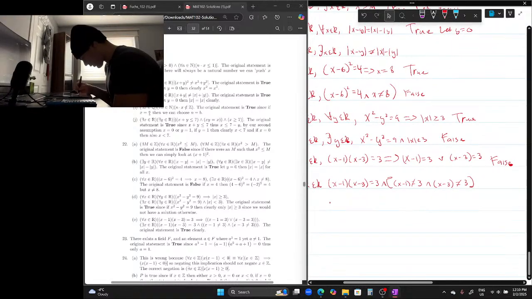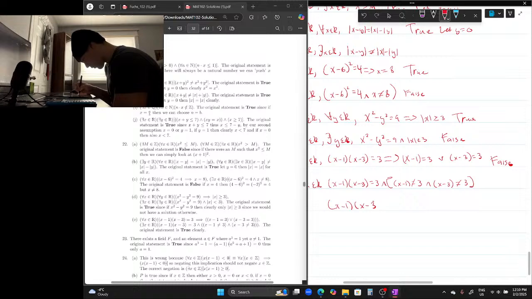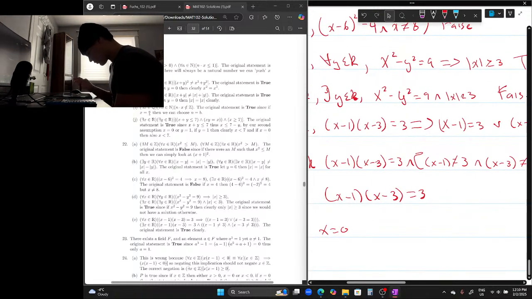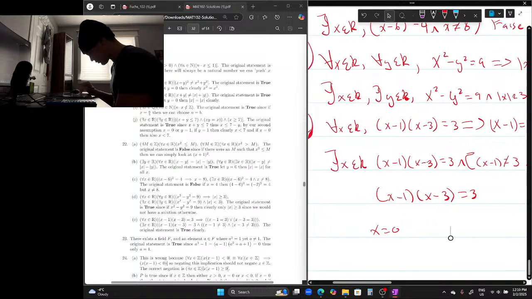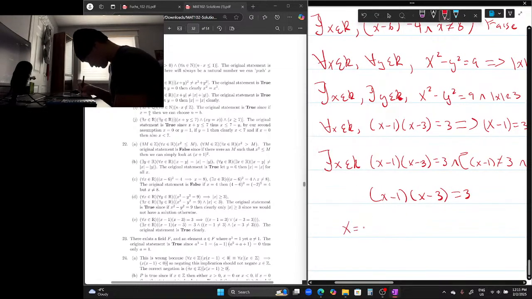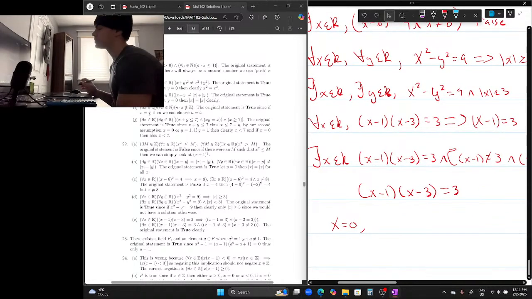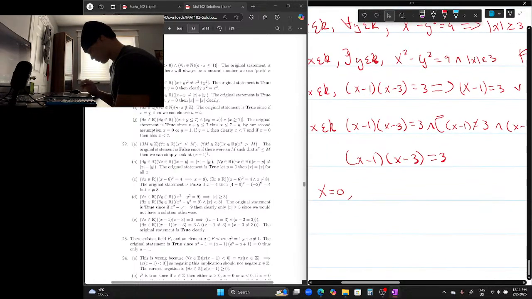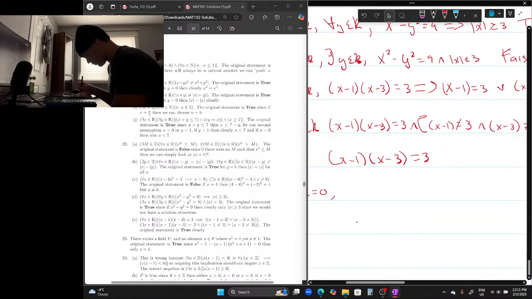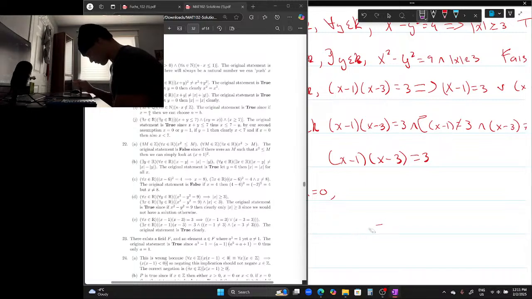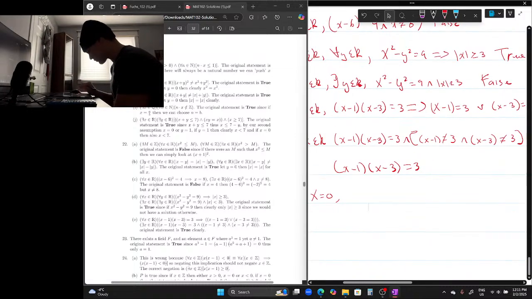Again, the only thing that makes x minus 1 times x minus 3 equal to 3 is x equal to 0. X equals 0. 2, like if this is 2, then this is... I swear there's no other number that makes this equal to 0.